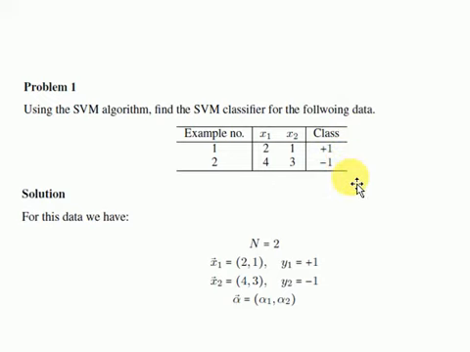So the first point, or the vector x1, is given by 2, 1, and x2 is 4, 3. x1 belongs to the class 1 and x2 belongs to the class -1. Now we are assuming another vector alpha which will have two values, say alpha 1 and alpha 2.